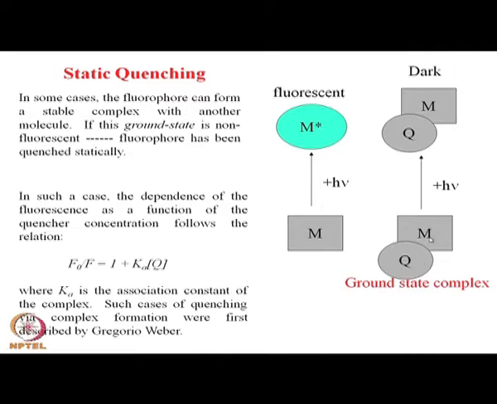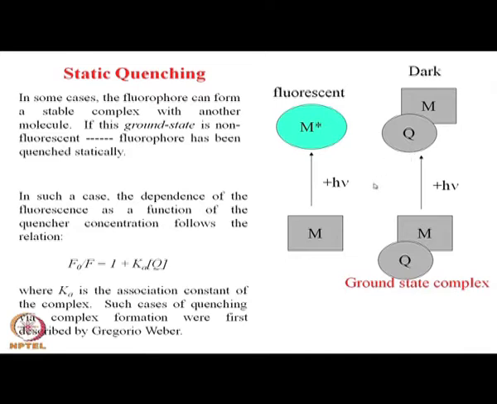But in the presence of quencher Q, the second molecule, M forms a ground state complex, so that when you shine light, it may go to the excited state, or it may not. If it goes to the excited state, it remains dark, no fluorescence takes place because of this complex formation, and as a result you get a similar type of F0 by F equal to 1 plus Ka into Q relation.